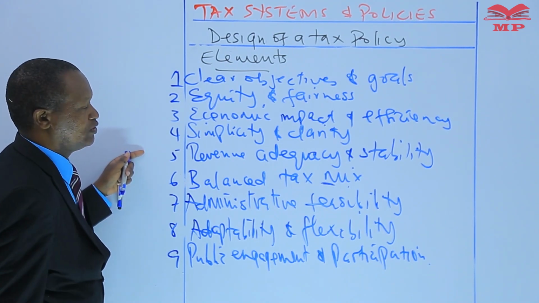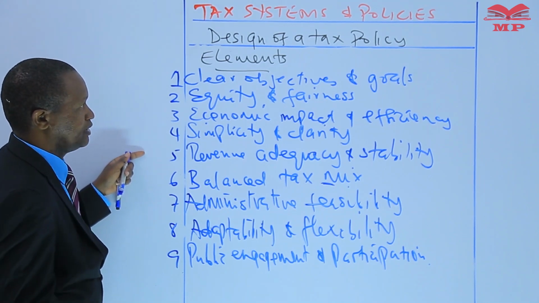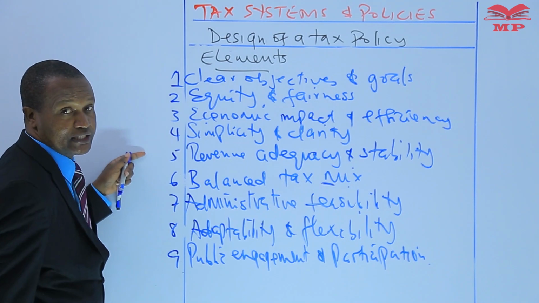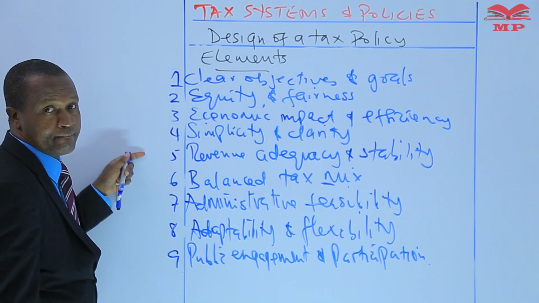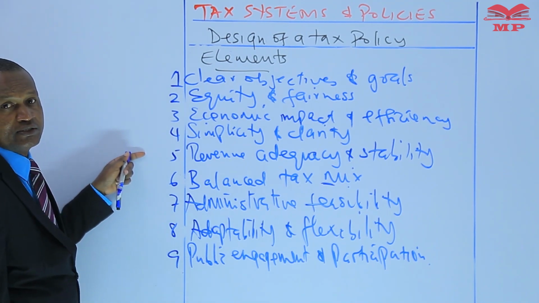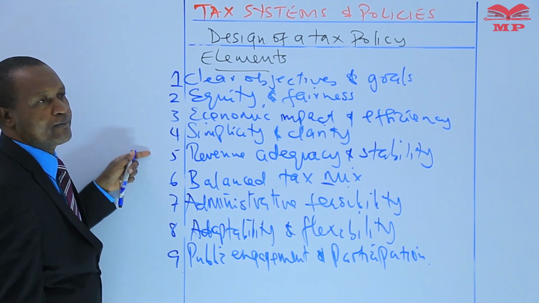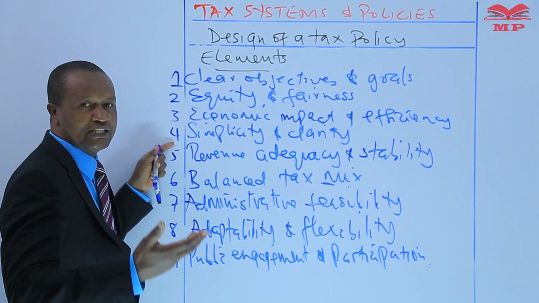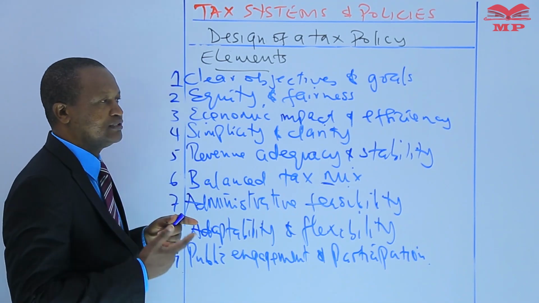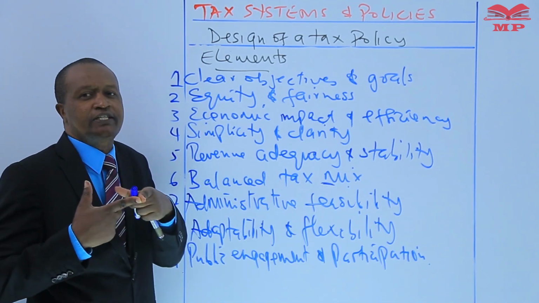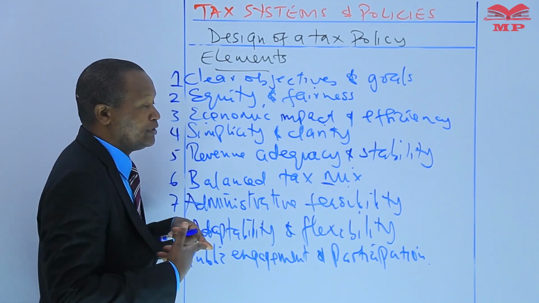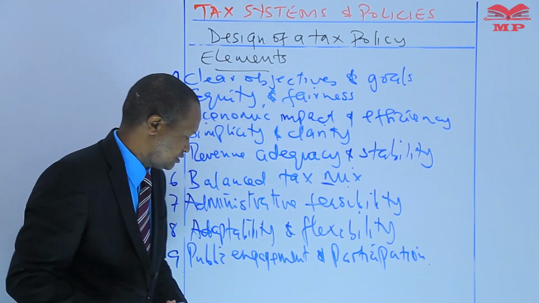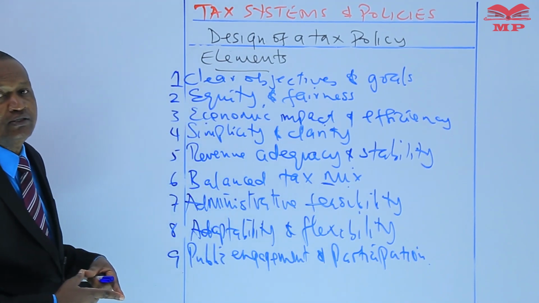Involve the stakeholders, involve the members of the public in order to ensure legitimacy. You understand? This also may mean communicating the rationale and the implications of the tax policy to gain public support and compliance. Communicate to the public.